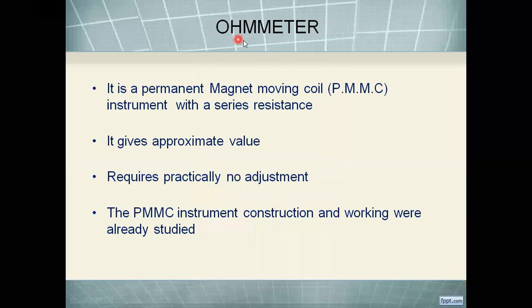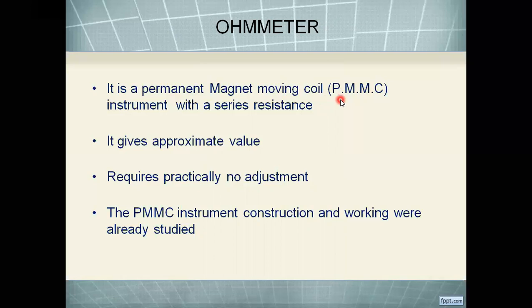Now, let us know more about the basic ohmmeter. A basic ohmmeter is a permanent magnet moving coil instrument with a series resistance. We know that a permanent magnet moving coil instrument is very sensitive. It is capable of measuring small amounts of current, and it has a stationary permanent magnet, with the coil attached to the spindle, forming the moving system.